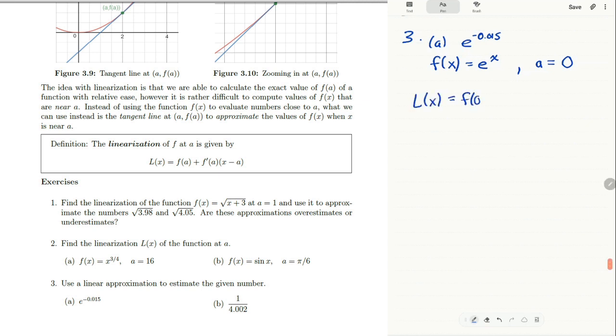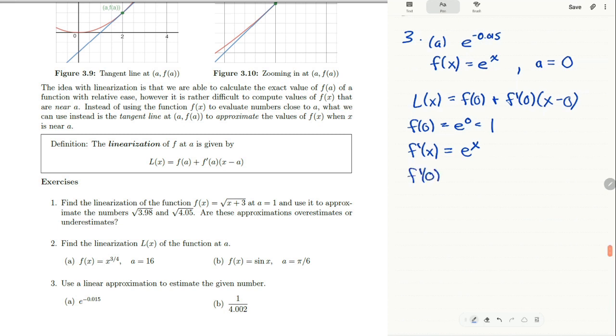That is f of 0 plus f prime of 0 times x minus 0. So we can evaluate f of 0, which is e to the 0, or 1. f prime of x is the derivative of e to the x, which is e to the x.